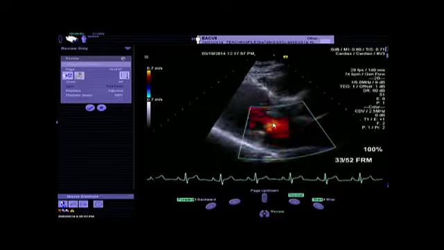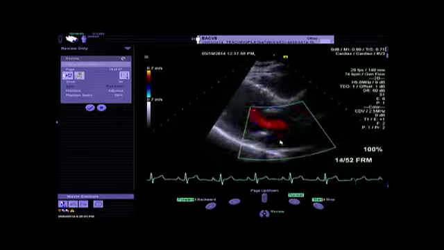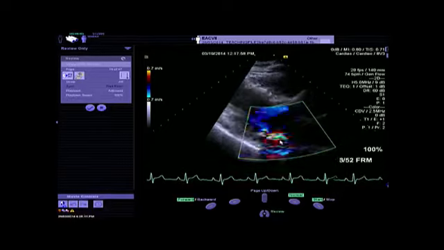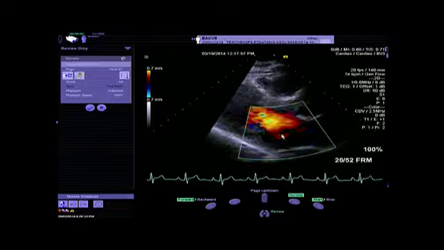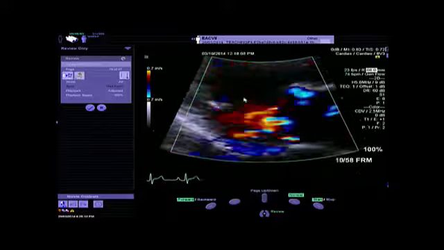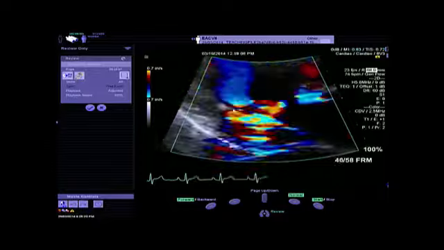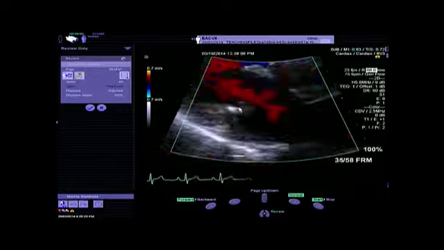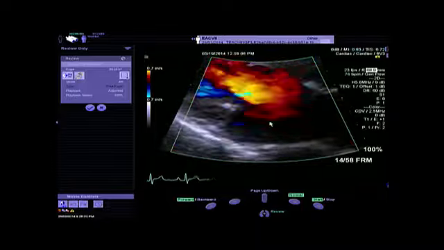And in this situation, it is very difficult to assess the severity of the mitral regurgitation using the parasternal long axis view, because we have this turbulent jet into the left atrium. But by zooming in a bit, we can probably see a sort of convergence zone, a sort of contraction of the regurgitant jet, and here a sort of extension of the jet into the left atrium.